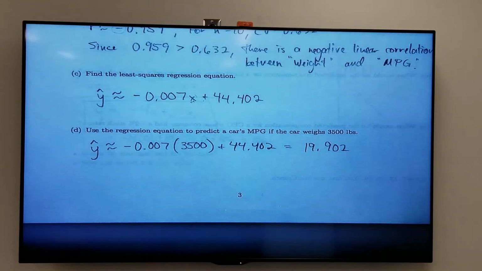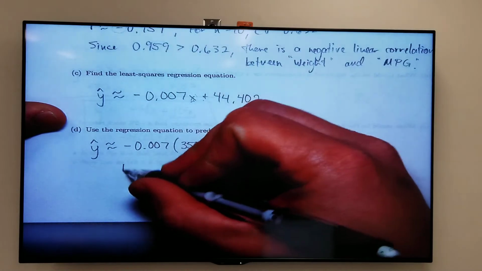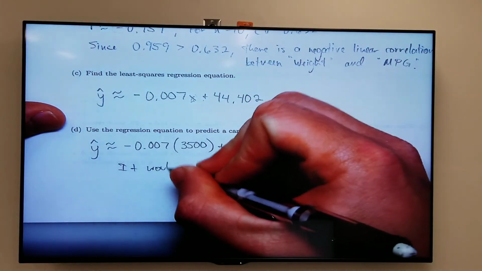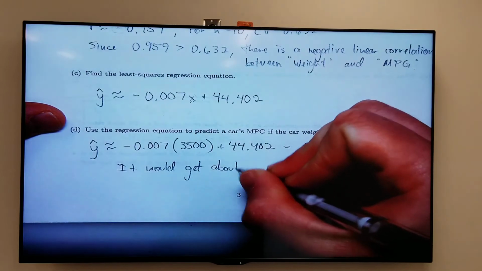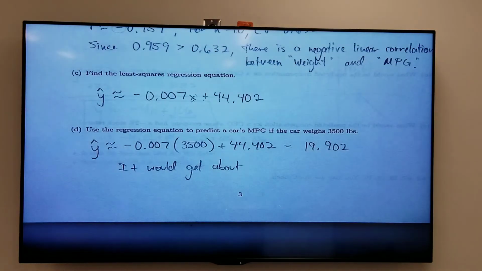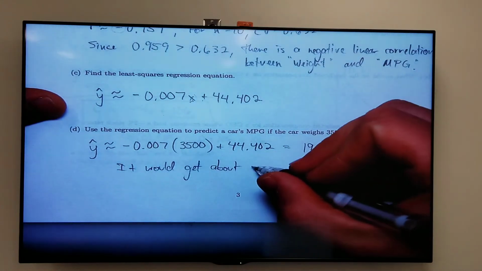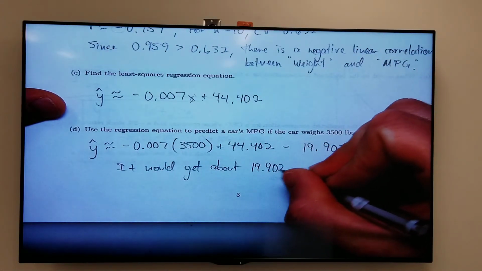Really you'd probably say 20 miles per gallon, but I'm going to say it would get about 19.902 miles per gallon.